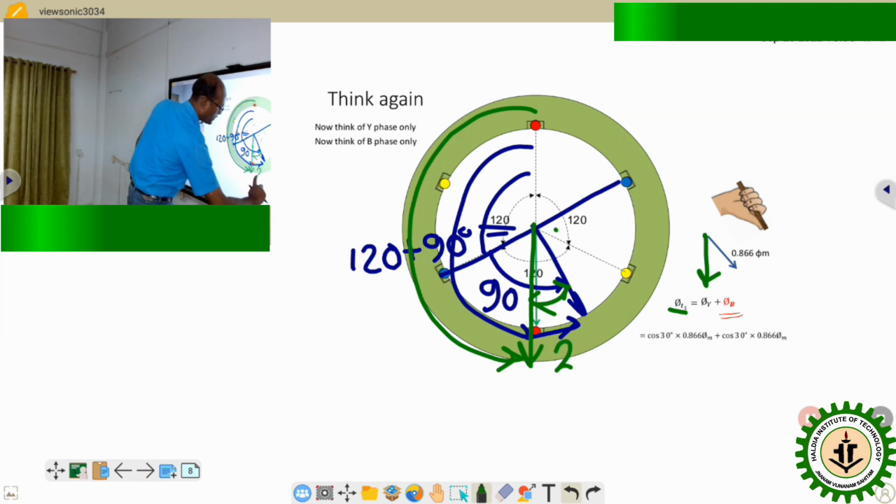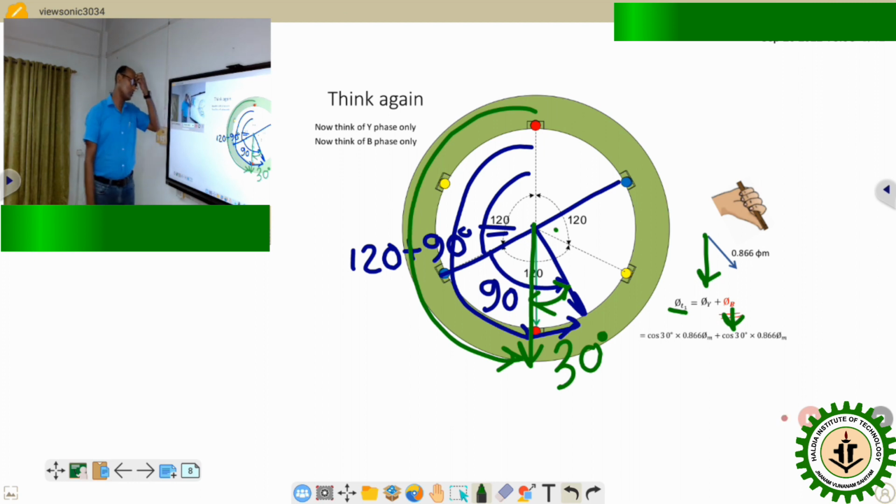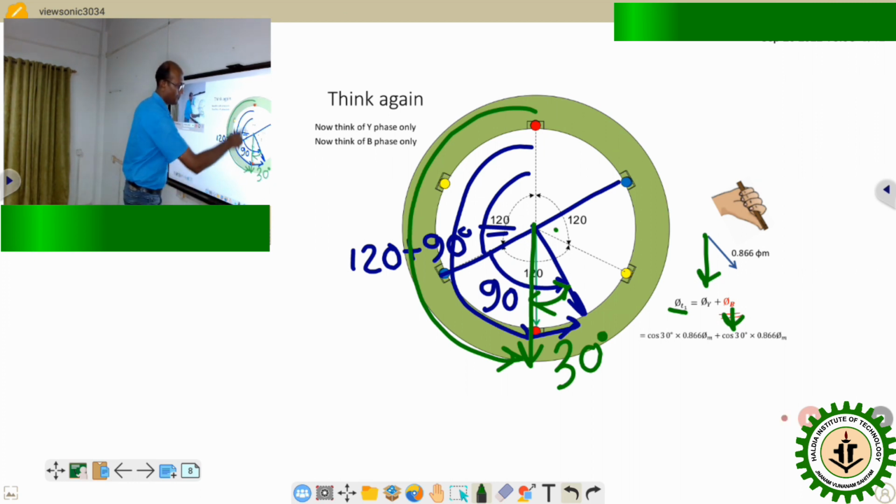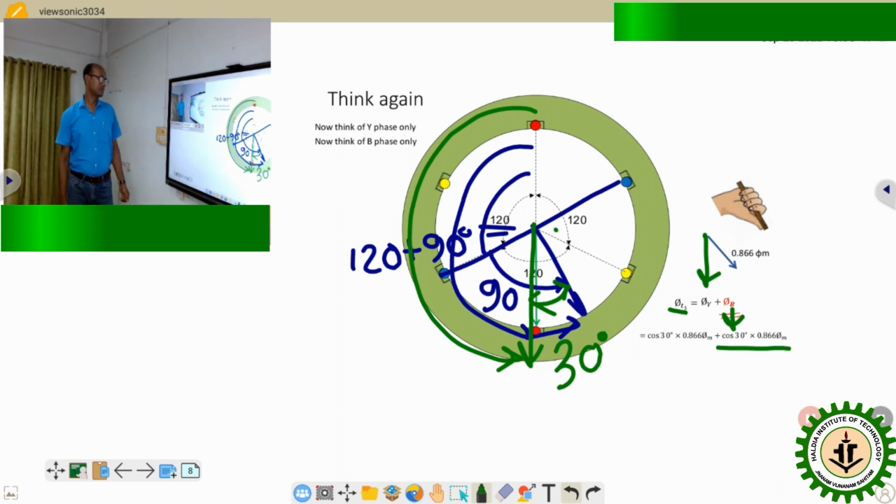So here also we got a 30 degree difference. For B phase, we put this 30 degree contribution of flux towards the downward direction, which is phi b. Because of that, the total expression is this much.